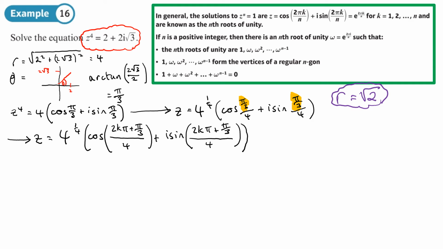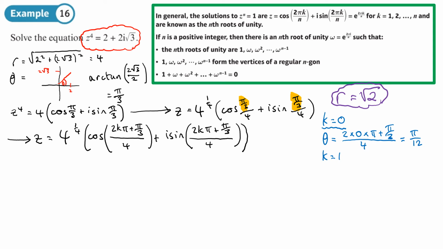Now let's make k equal to 0, so we can get the first argument. If k is 0, we get 2 times 0 times pi plus pi over 3, all divided by 4. That's basically pi over 3 divided by 4, which is pi over 12. So that's argument number 1.